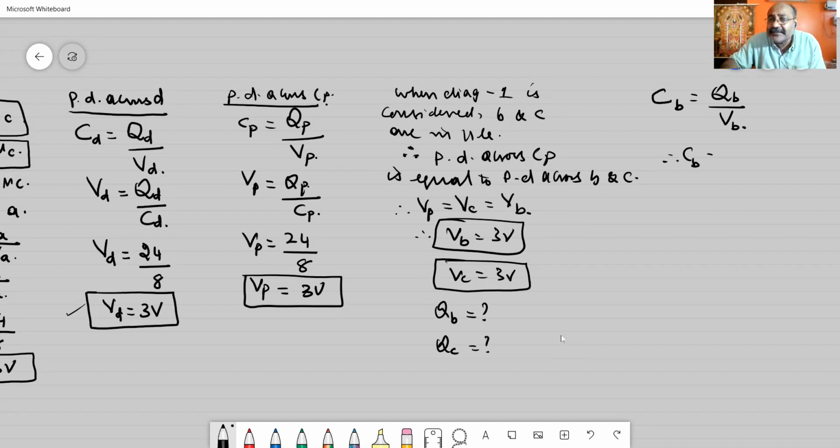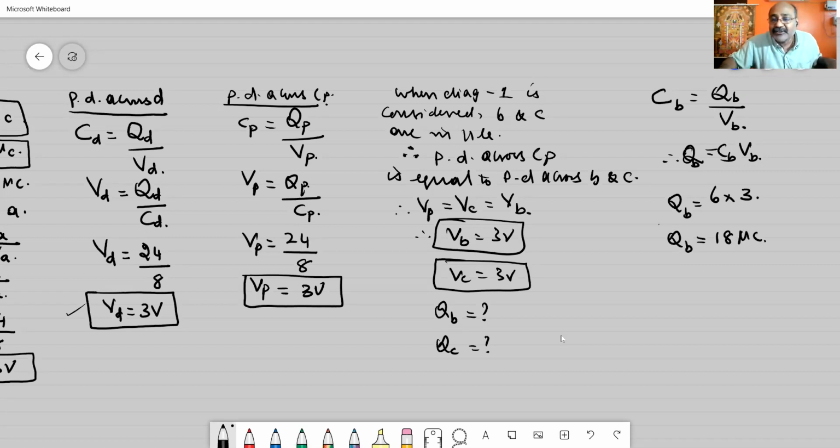Therefore, QB is equal to CB into VB. What is the value of CB? CB is 6 microfarad. What is VB? VB is 3 volt. So QB is equal to 18 microcoulomb.